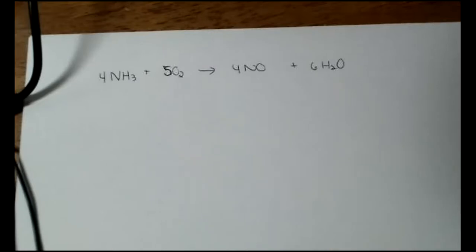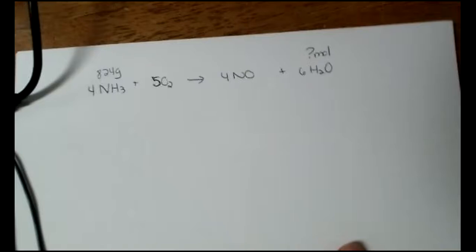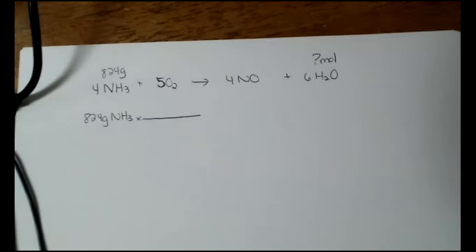This time, I want to know if I have 824 grams of ammonia, how many moles of water can I make? Okay, so just like before, we're going to start with our given. And then I've got to find my molar mass of my given, but luckily we did that last time.